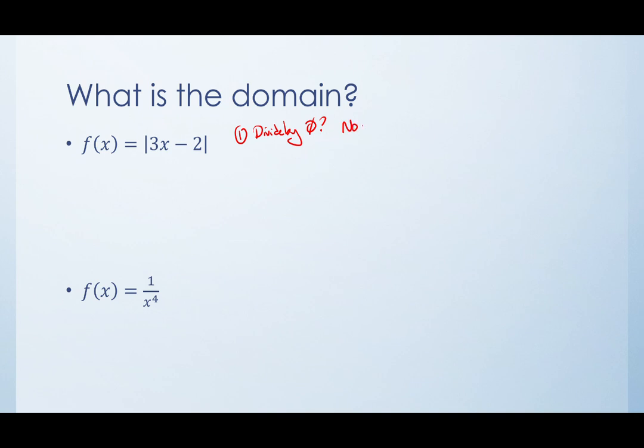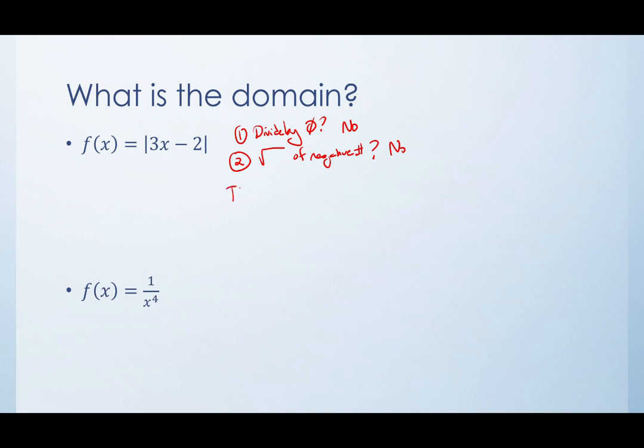And the answer, of course, is no, because I don't have any x's in the denominator. So am I going to take the square root of a negative number? That's the second thing to check. And the answer for that one, of course, is no, because we don't have any square roots.